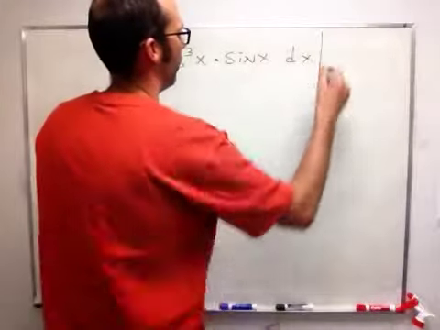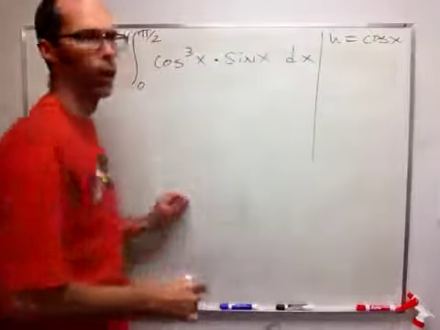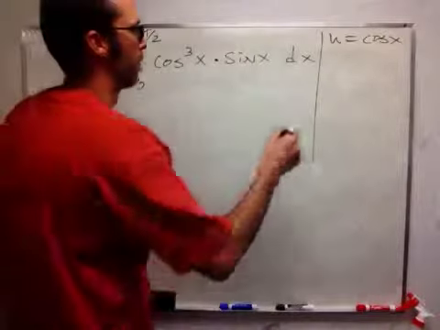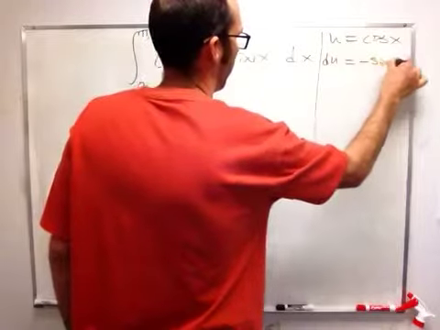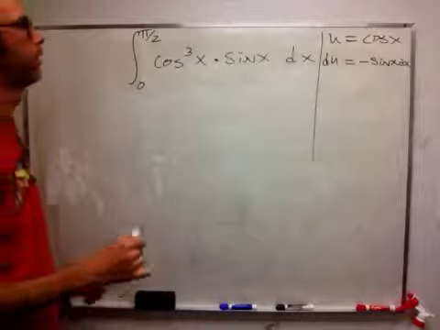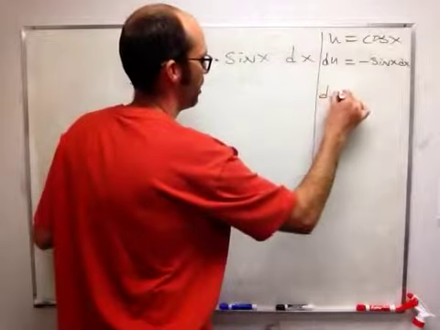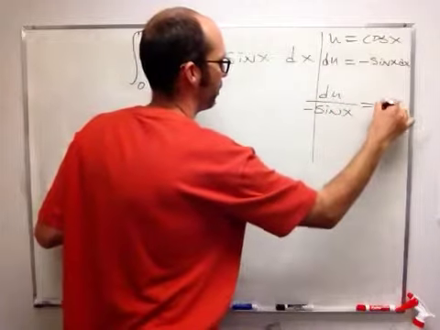Okay, so I'm just going to go with that, see what happens. Negative sine x dx. So then we see du over negative sine x equals dx.